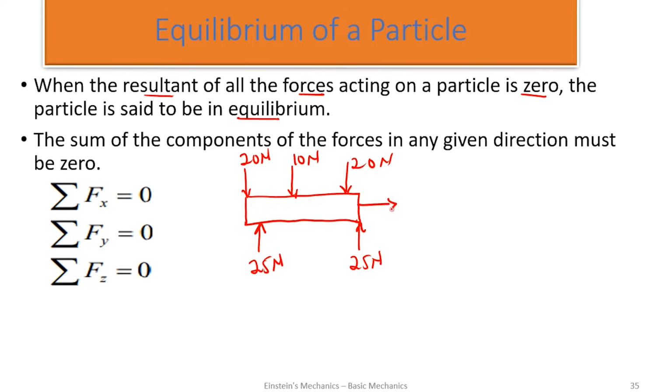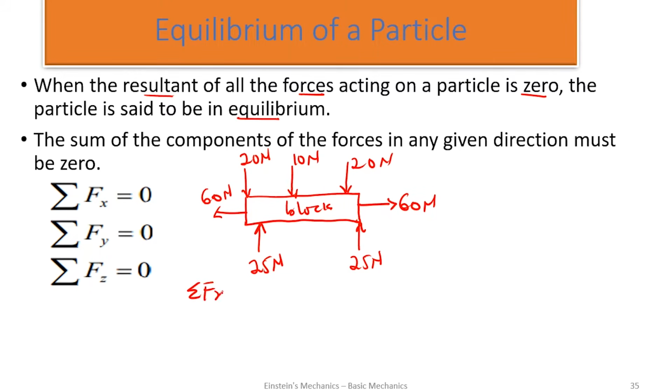Here I'm having 60 newtons. Pay attention. And I'm having 60 newtons. So how do we prove that this block is in equilibrium? First, we must check if the summation of forces on the x and on the y is zero. So first I'll check summation of forces on the x.